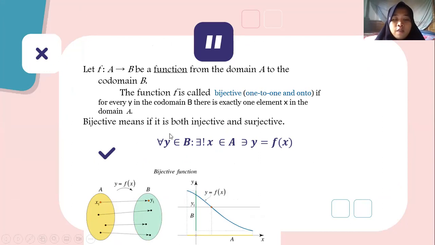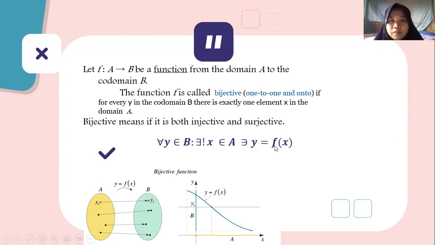The function f is called bijective, one-to-one and onto, if for every y in the codomain B, there is exactly one element x in the domain A. The bijective function looks like this. Or we can write the definition of bijective function: for all y element B, there exists exactly one x element A such that y equals f(x).